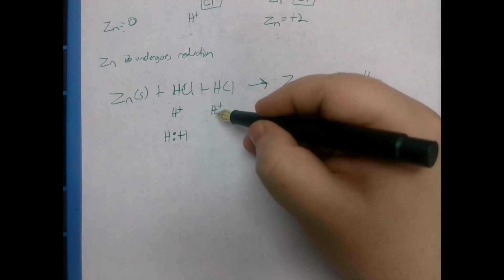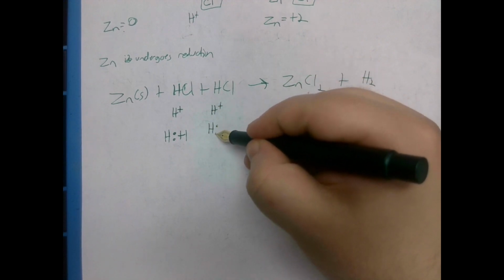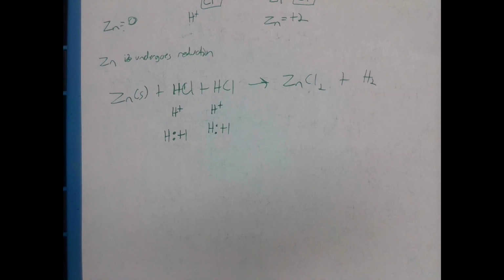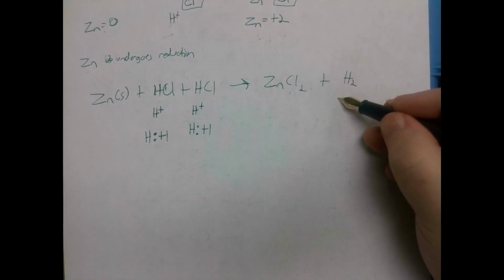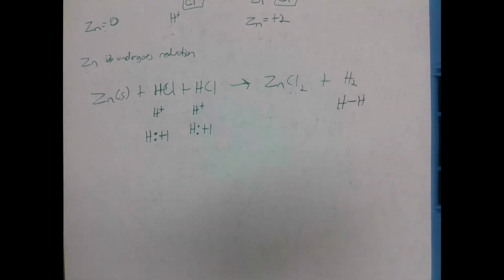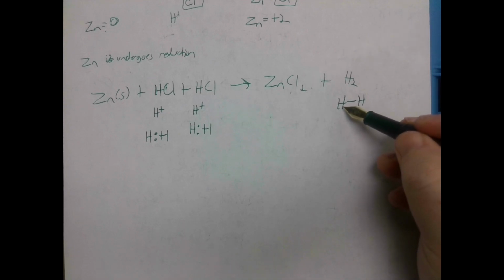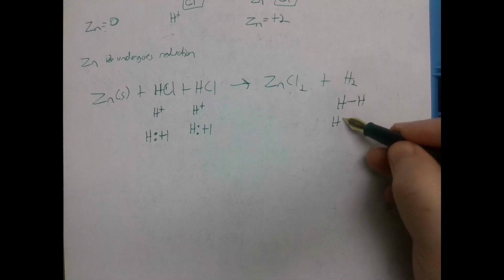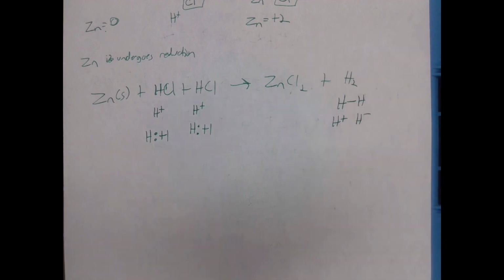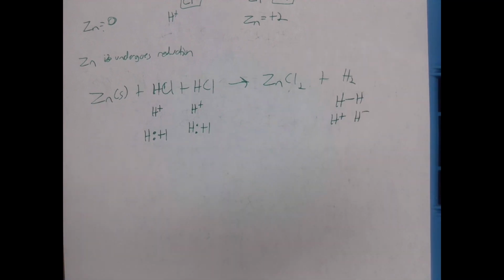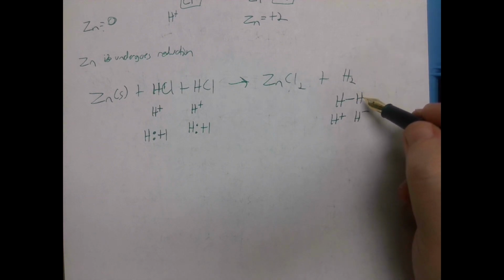This one has H+, so its oxidation number is +1. Hydrogen 2, we know one of them is going to be H+, and one of them is going to be H-, right? Technically, this is covalent bonding, but we can treat it as ionic temporarily.